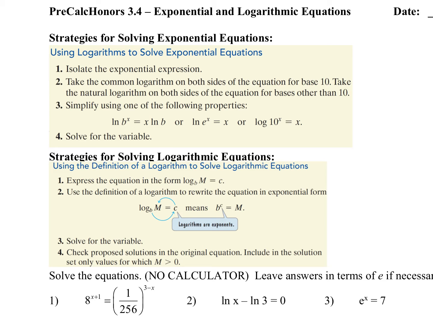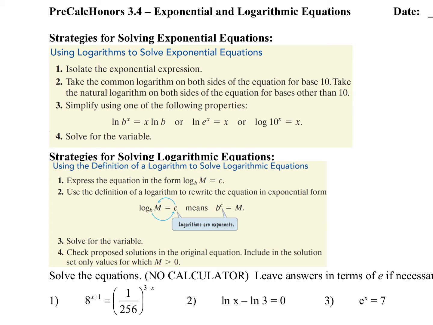And then logarithms are the inverse operation to an exponential. So if I want to unexponentiate something, I'm just going to take the logarithm. Most often we take the log base 10, but on occasion we will also take the natural log. We use our properties of logarithms to rewrite and hopefully simplify and solve for a variable.